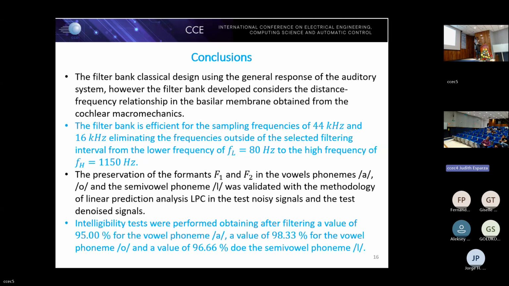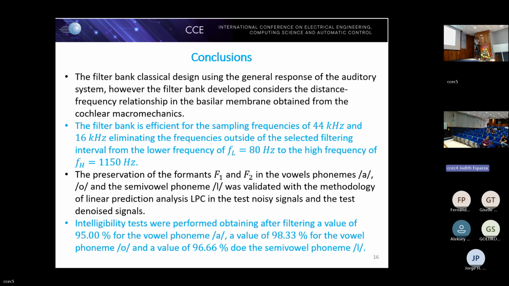However, the filter bank developed considers the distance frequency relation in the basilar membrane obtained from the cochlear macromechanics, that is my course. The filter bank is efficient for the sample frequency. I proved with two sample frequencies, the first is 44 kilohertz and the second 16 kilohertz. This is because I save my samples in a wave file.